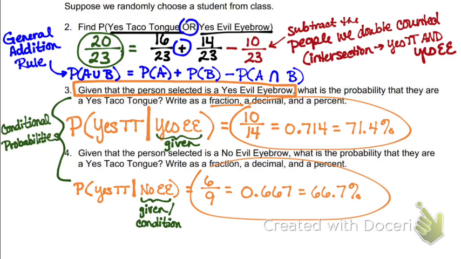In conditional probabilities, I already know that some condition has been met, and so that narrows down what I'm looking for. I would not take my conditional probabilities out of the entire class, because I would only have the people that were yes, evil eyebrow, stand up, and we would only be counting from that group of people for number 3. Or from number 4, only the people that said no to evil eyebrow, you stand up. And now I'm going to find the percentage of those people that are also yes, taco tongue.